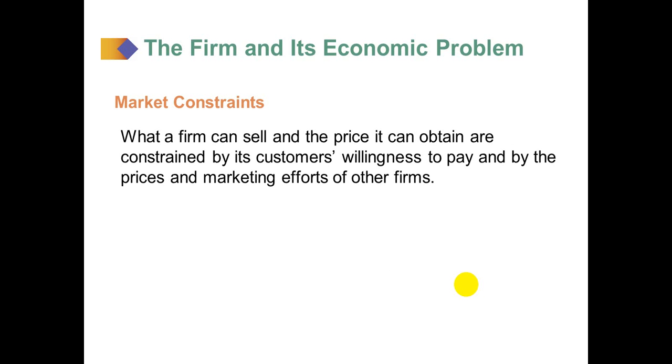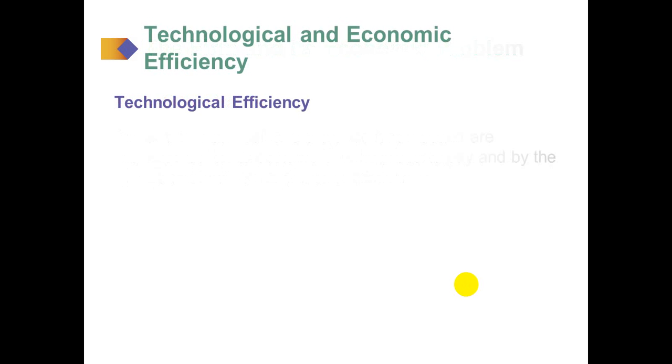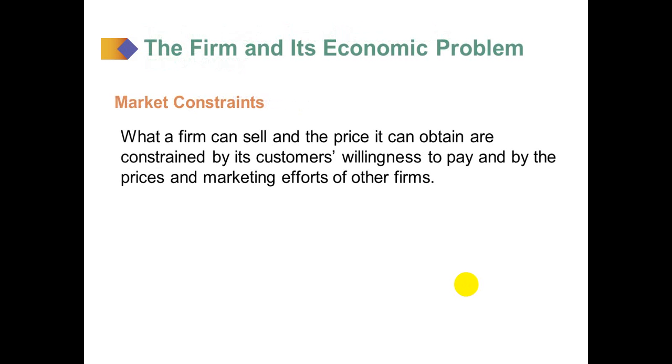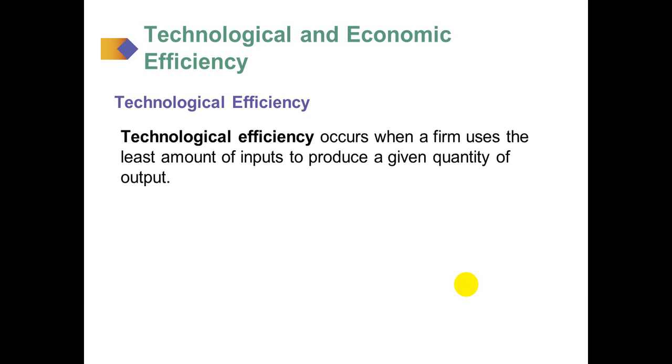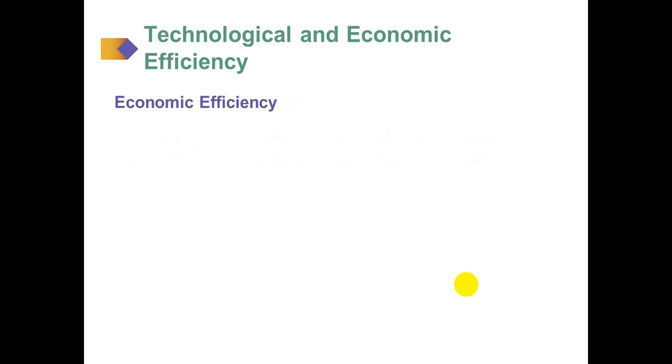While market constraints: what a firm can sell and the price it can obtain are constrained by its customers' willingness to pay and buy, and the prices and marketing efforts of other firms. While technological efficiency occurs when a firm uses the least amount of inputs to produce a given quantity of output.